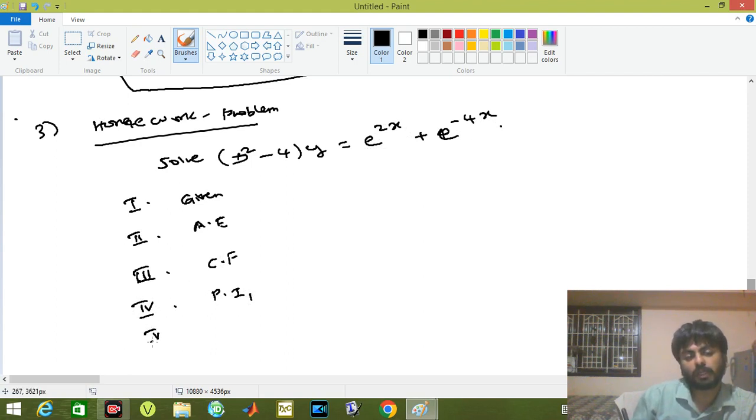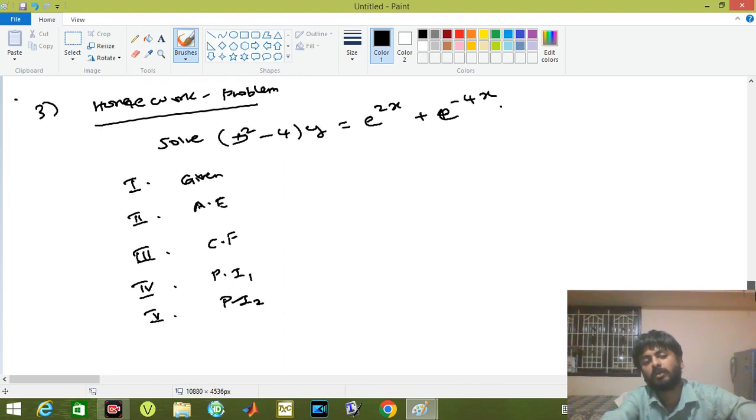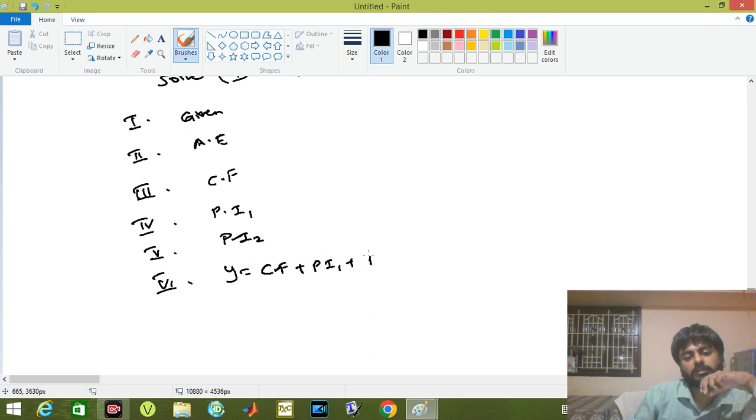The fifth one is you have to find the particular integral 2, that is, calculate the particular integral for this. Finally you have to write the solution, that is y equal to CF plus PI1 plus PI2.